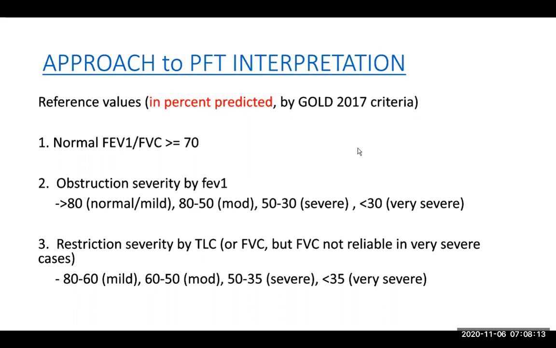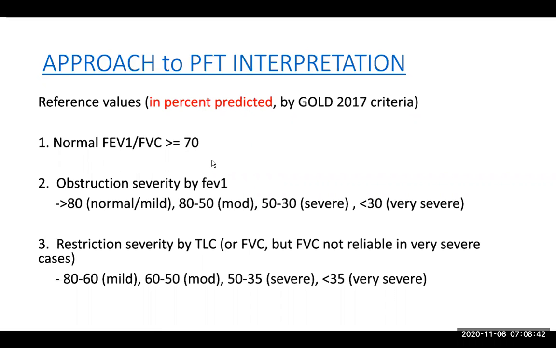If you read this paper that I referenced here, different pulmonary function labs will use combinations of different guidelines to get to a normal. But in general, if you go by the GOLD 2017 criteria, and these numbers are all in percent predicted, a normal FEV1 to FVC ratio is greater than or equal to 70% predicted for that patient.